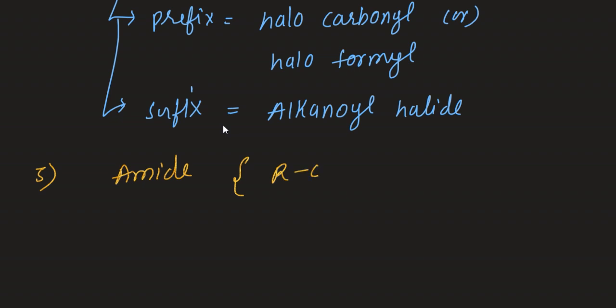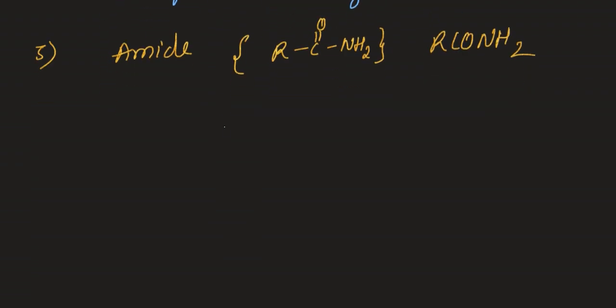Amide is nothing but when one of the OH groups is replaced by NH2, which is nothing but RCONH2. Whenever amide is acting as a prefix, the name is nothing but carbamoyl.